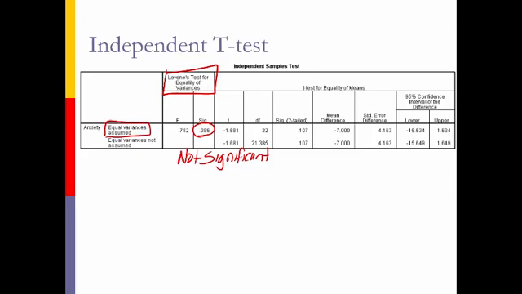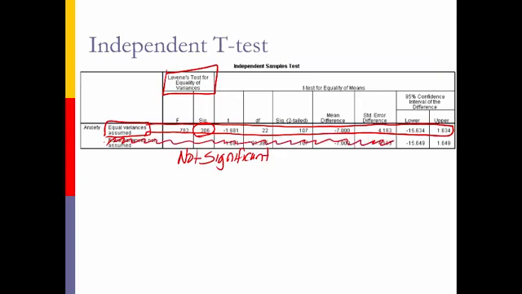Because we're making that assumption, we're only going to read this information. If that significance value is less than 0.05, we would read this row, but we're not going to be reading this row. This row turns out to be useless information to us. So when we look at that top row, we find out our mean difference is -7.